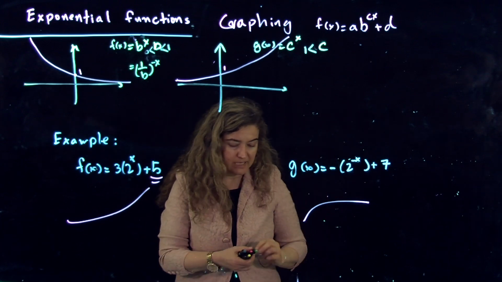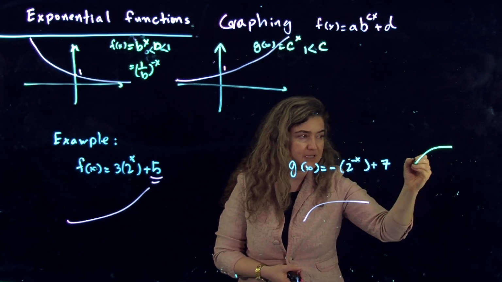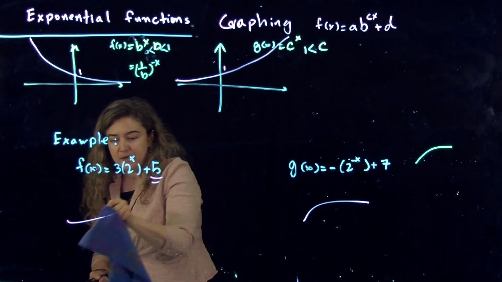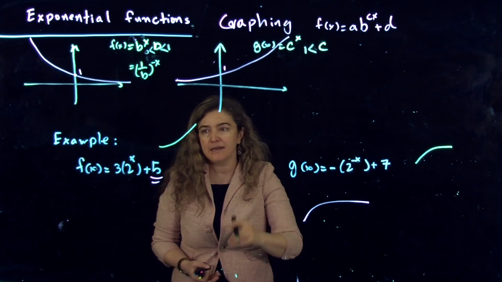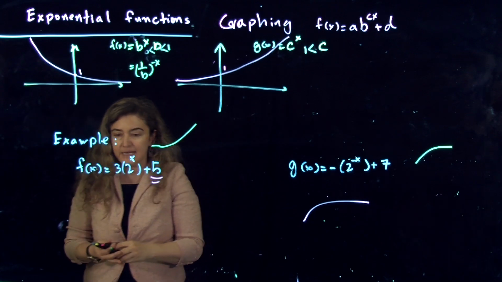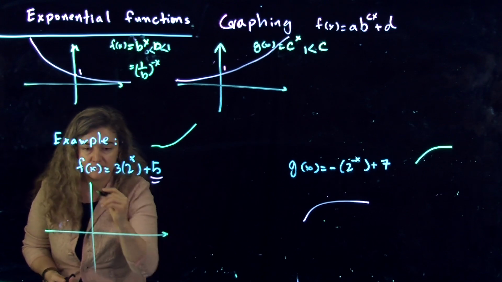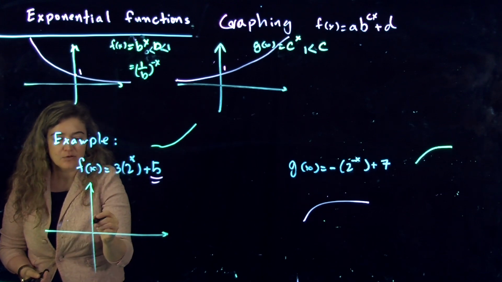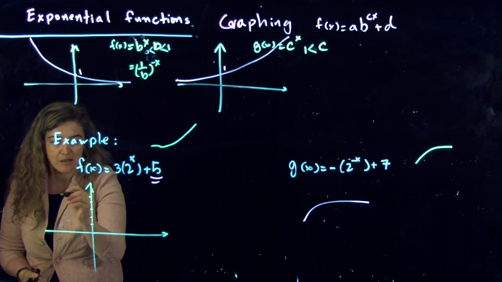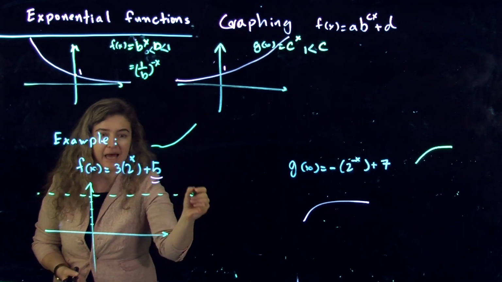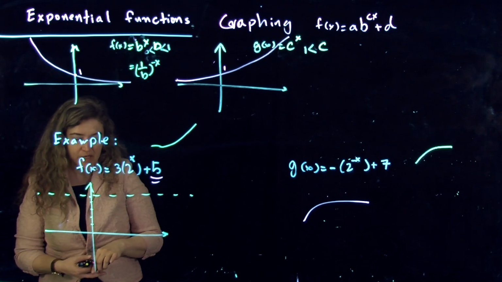So now that I know, I put the concavity approximately there, and there, and then I draw a line at y equals 5, because the asymptote moved up 5 units.